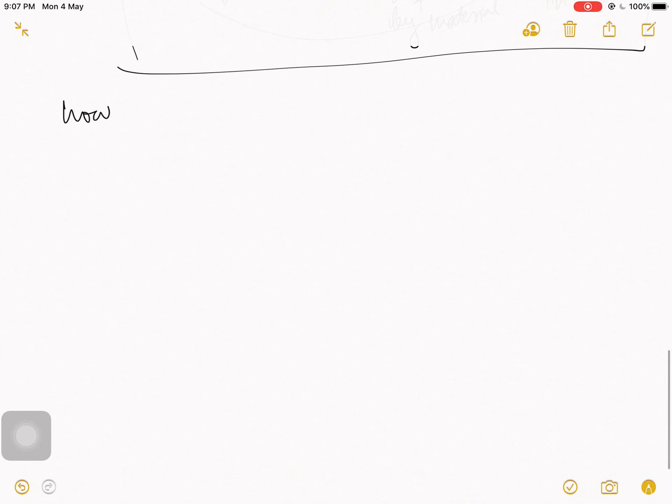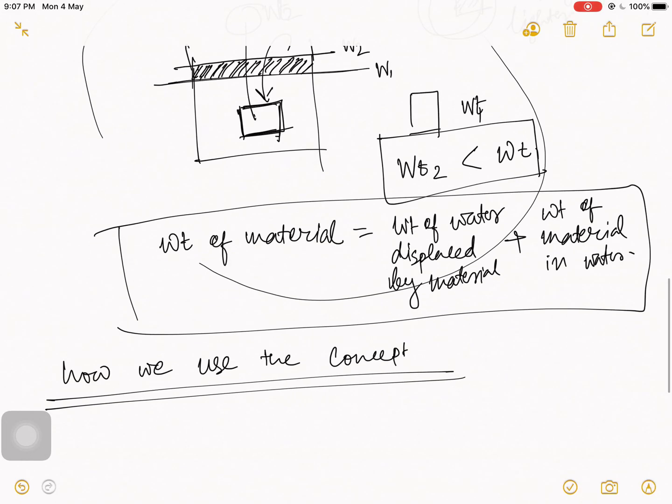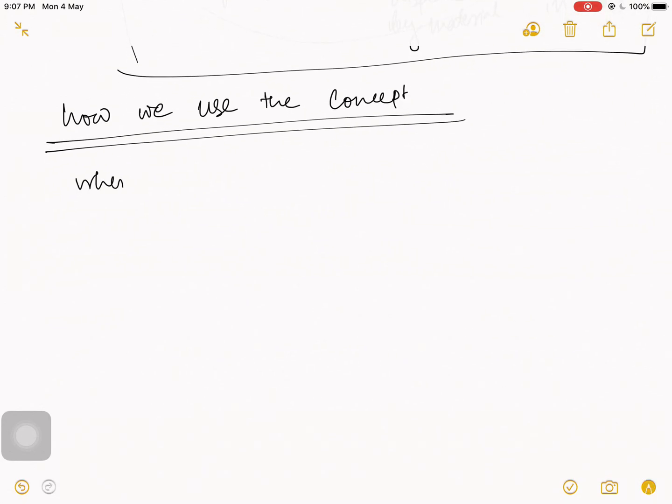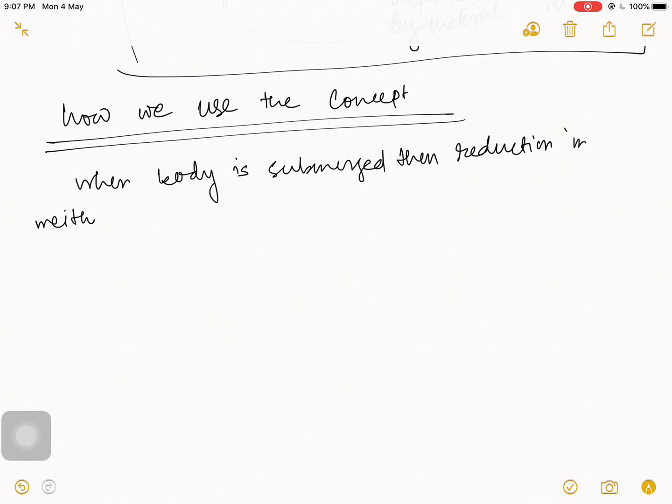From this concept we can write: when a body is submerged, the reduction in weight is equal to the weight of the volume of water displaced.